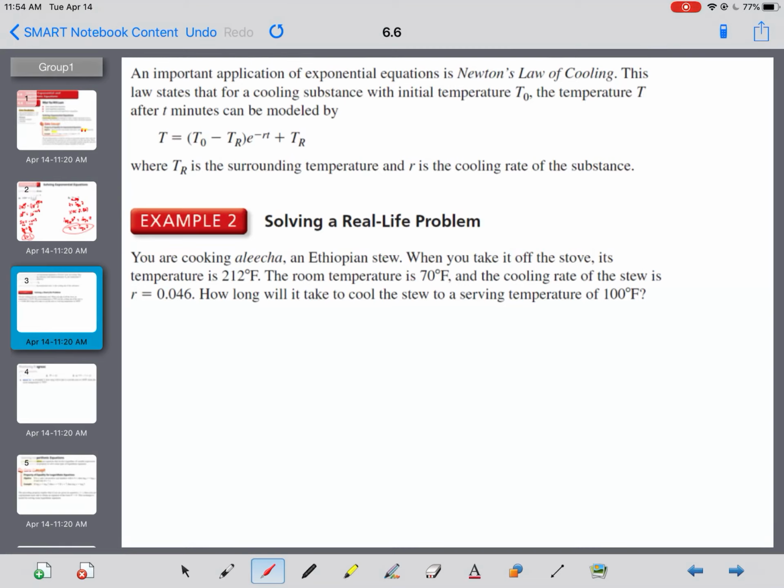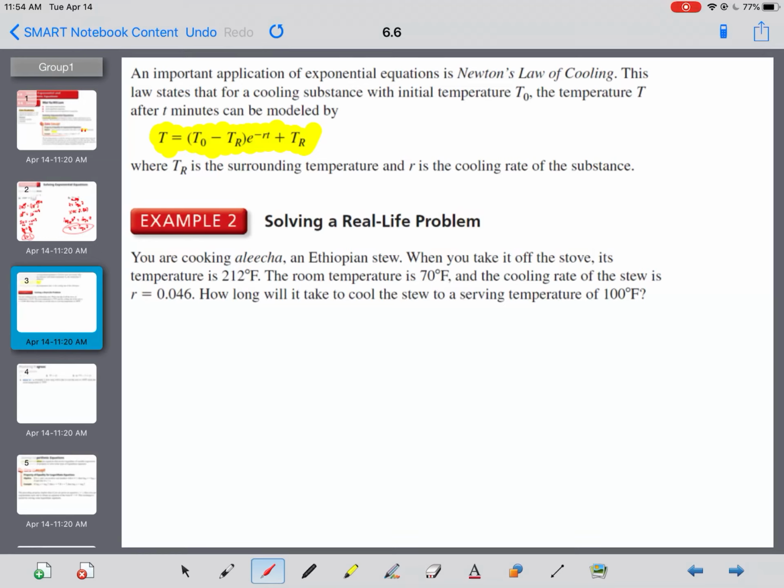Now, a word problem with exponentials. An important application of exponential equations is Newton's law of cooling. You won't be required to memorize it, but you'll be required to use it. It's right here. It's got a lot of variables in it. They're all labeled.